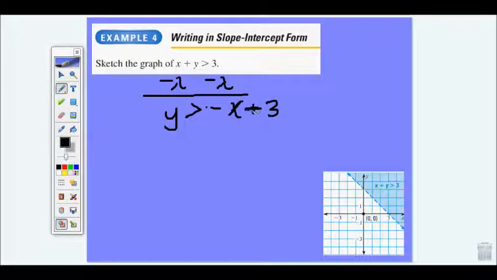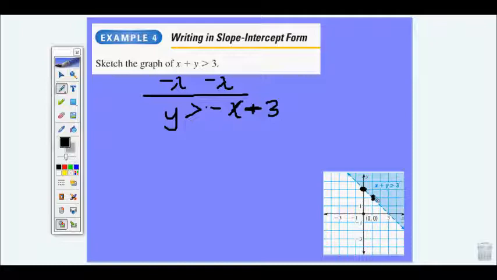And now I can locate my y-intercept, which is at 3. And I can see that my slope is going to be a negative 1. So I can come down 1 and over 1, and that would be my other point to make my line.